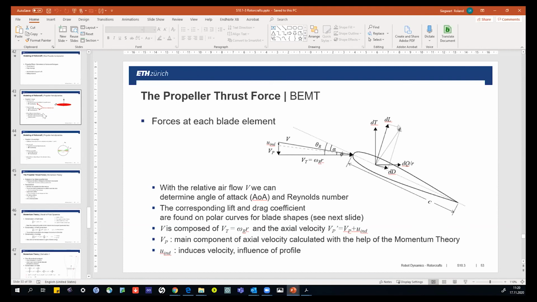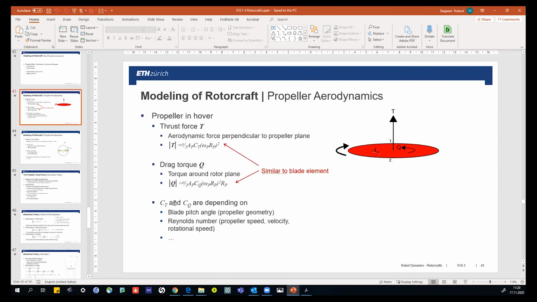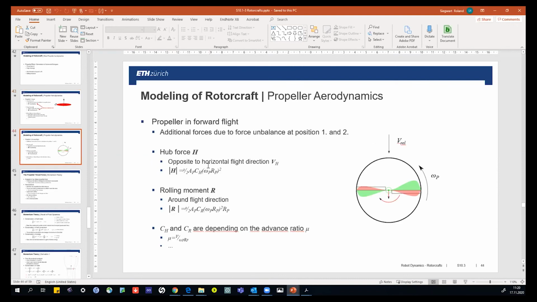And of course, as we have seen for the forces generated by the rotor, there is not only the thrust and drag torque, which is the ideal case, but as soon as you're moving forward, you have different speeds coming onto the rotor of the helicopter, because you are moving in this direction, so you have a different speed on the propeller in this situation or this situation, and you have to consider this.